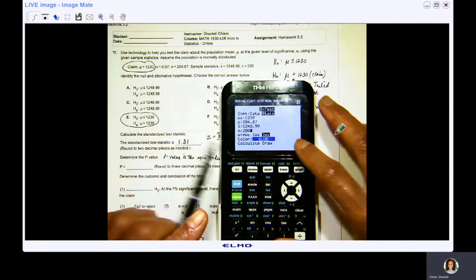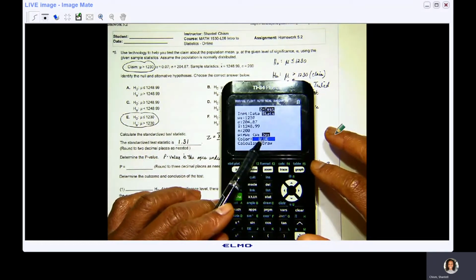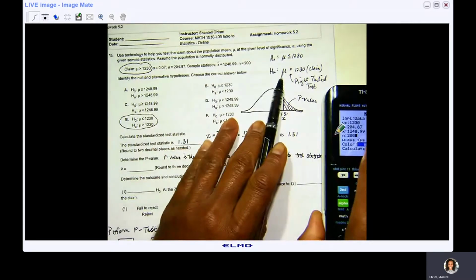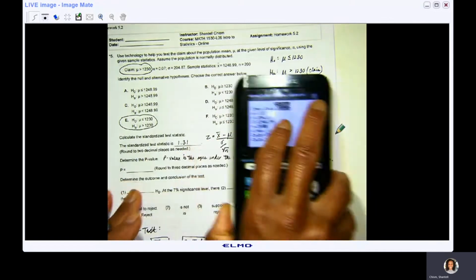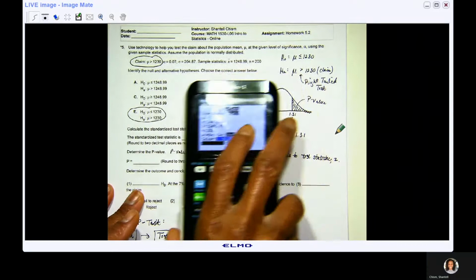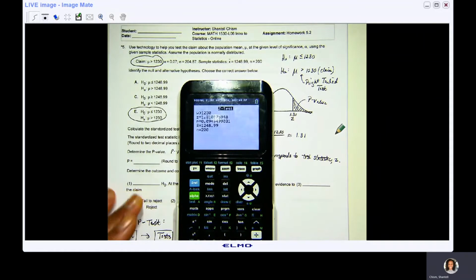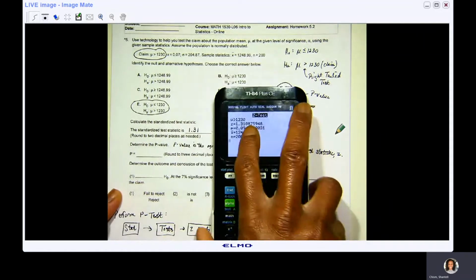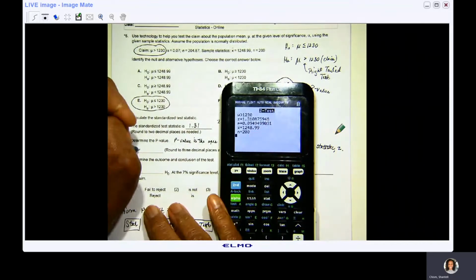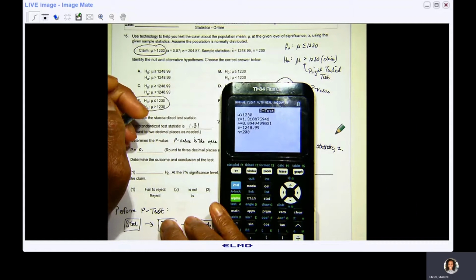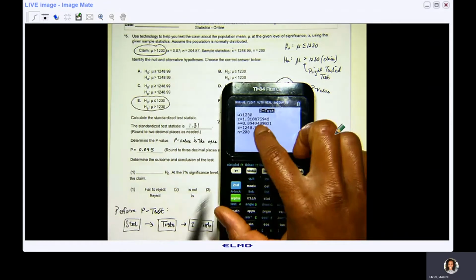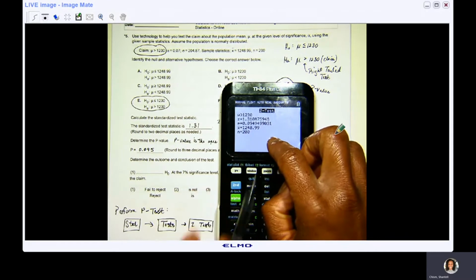This is a right tail test, so I make sure I use the correct symbol, the greater than symbol, the symbol that's matching from the alternative hypothesis. Okay, and I go down to calculate. And there it gave me my z-score, which I already had found anyway, and my p-value that corresponds to it. We're going to round to 3 decimals, 0.095. Okay, 0.09, that 4 goes up to a 5.